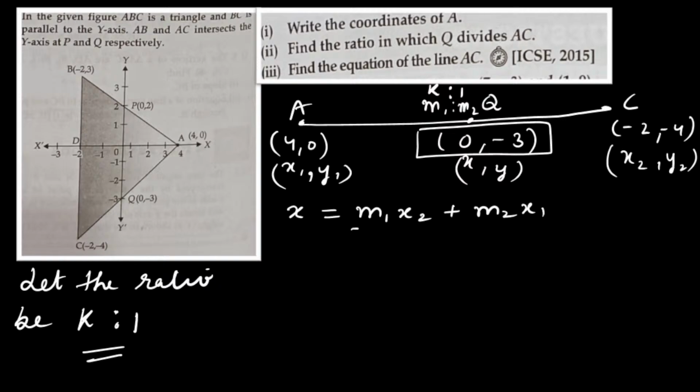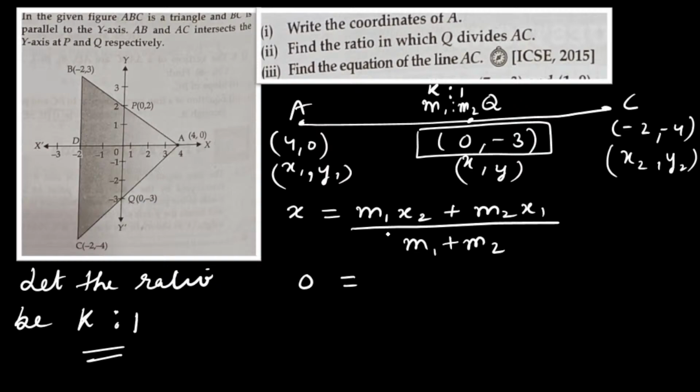Now both coordinates are given to us, so we can use any coordinate. Here the x value and the y value are both given. I am using x because the x value is 0, so it is easy. The section formula for x is x equals m1 x2 plus m2 x1 by m1 plus m2. So x is 0.